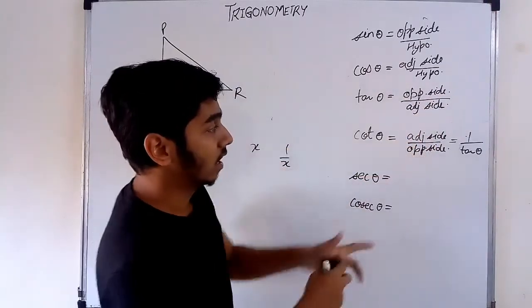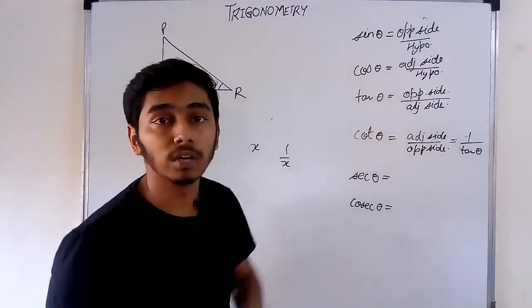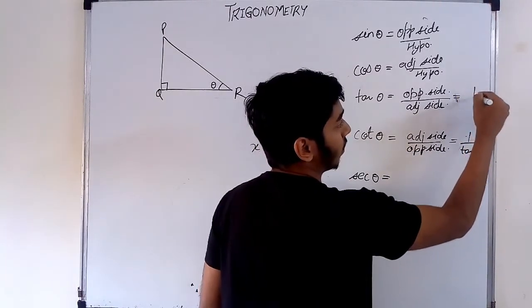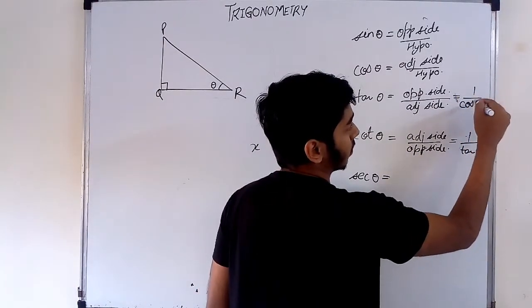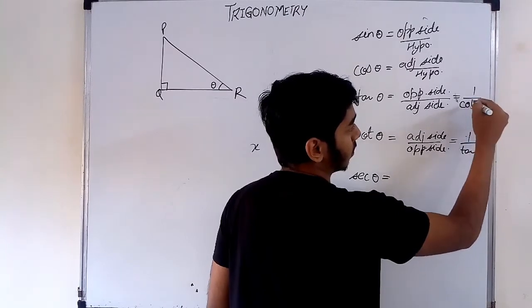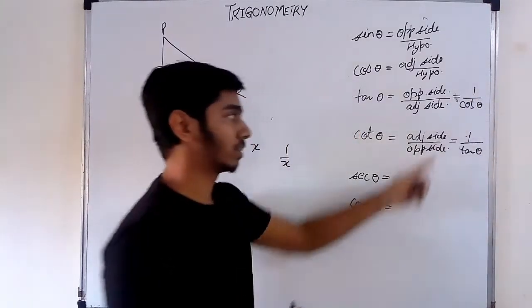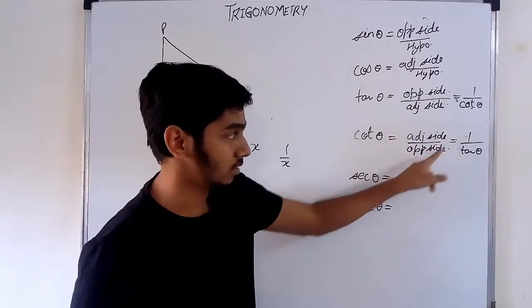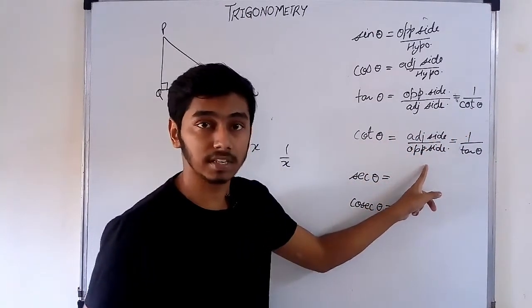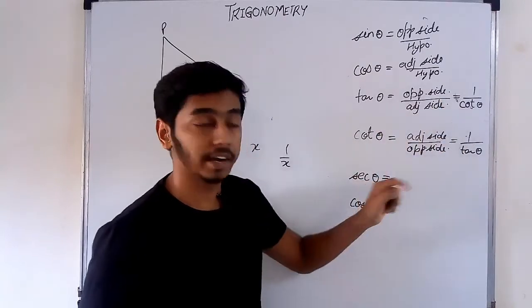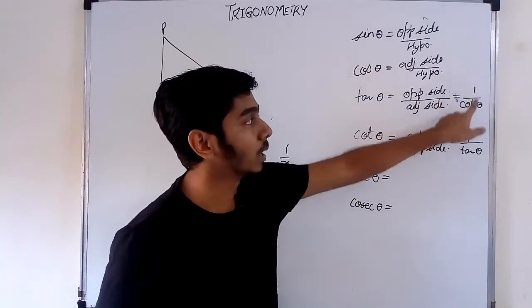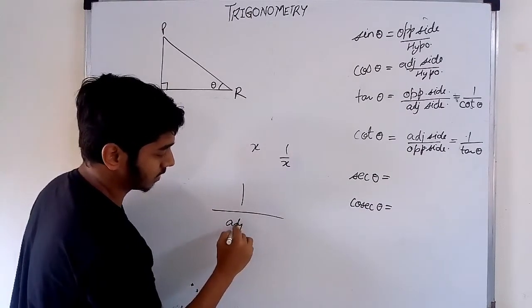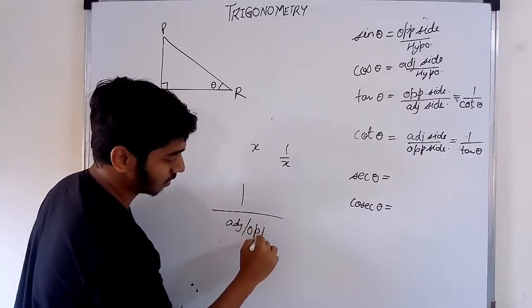Or you can say tan is opposite upon adjacent. If I take cot and write 1 upon cot theta, and substitute cot theta as adjacent side upon opposite side, what do I get? 1 upon adjacent upon opposite.